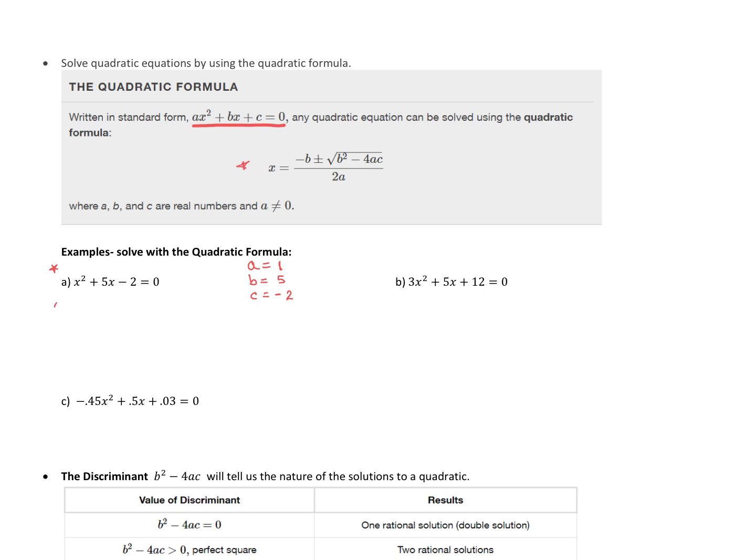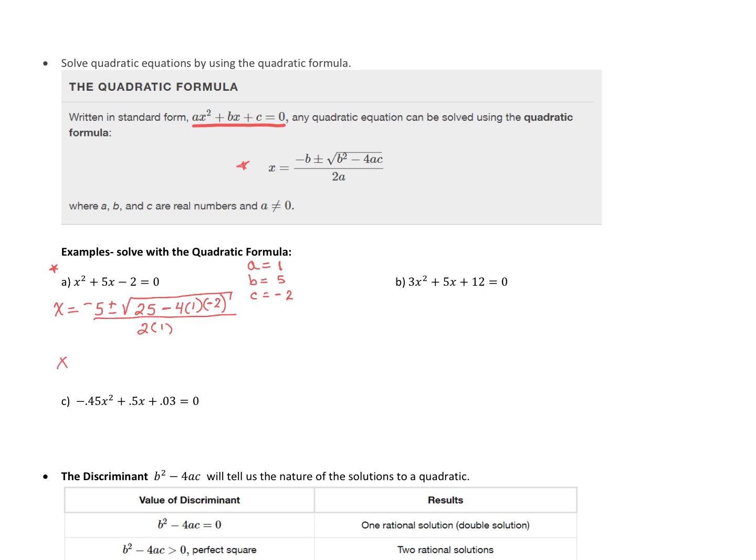So let's go ahead and plug these values in. The negative of b, which is 5, plus or minus the square root of b squared. I like to square this before I write it down, and I'll tell you why in just a minute. B squared minus 4 times a, which is 1, and c, which is negative 2, all over 2 times 1.